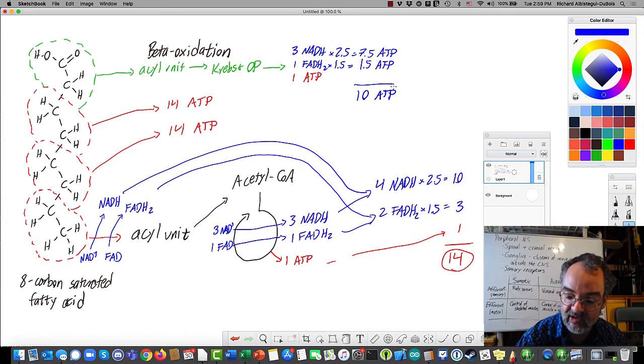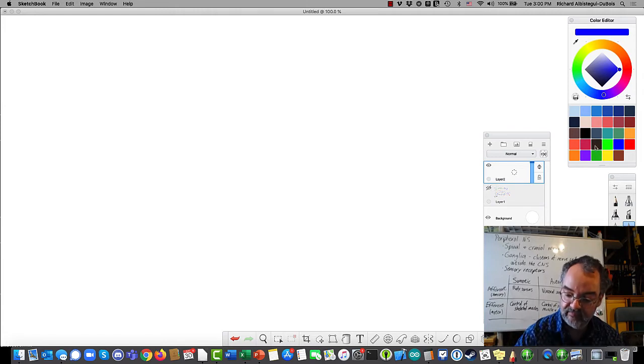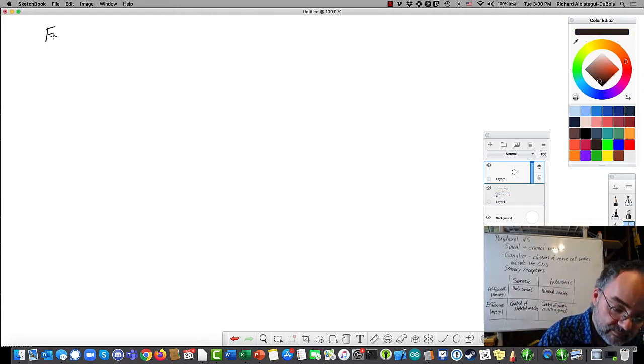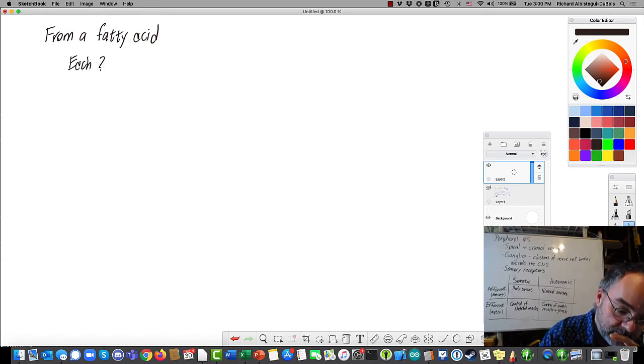So let's take a look at what our total from a fatty acid is. For each 2-carbon piece, except the last, we get 14 ATP.